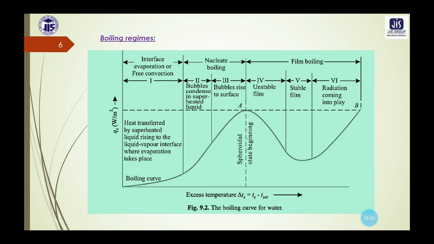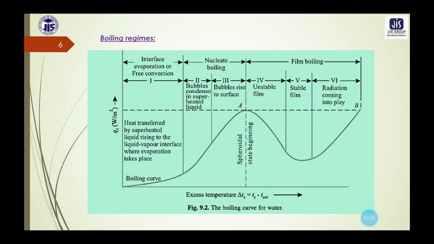Now in region 2, where the nucleate boiling starts, at the end of zone 1, that is the end of the free convection zone, the bubbles condense in the superheated liquid. That is, in zone 2 the nucleate boiling gets started.